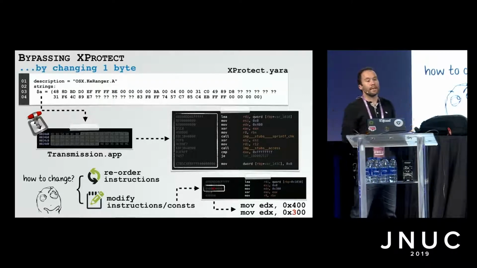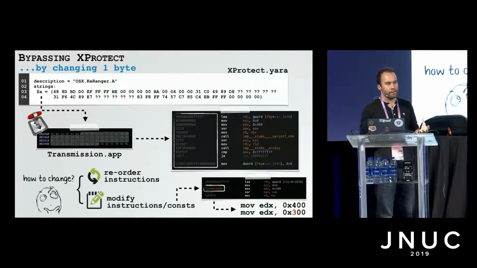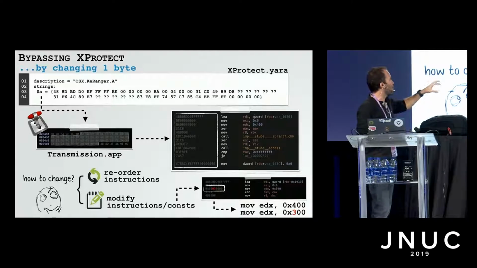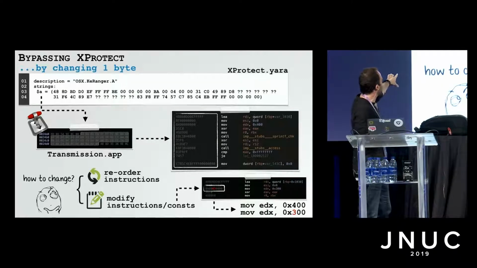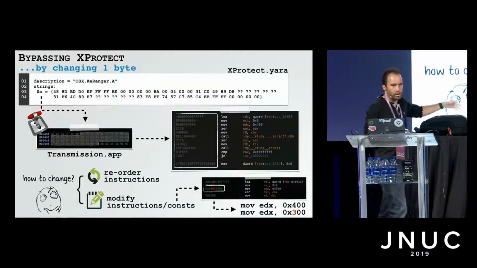So if we take a closer look at the KeRanger signature that's embedded in the XProtect signature file, we can see it maps to a certain number of instructions. So we have the actual bytes of the signature, and then this is the malicious application. And in a disassembler, we can see those bytes in the signature map to those instructions.